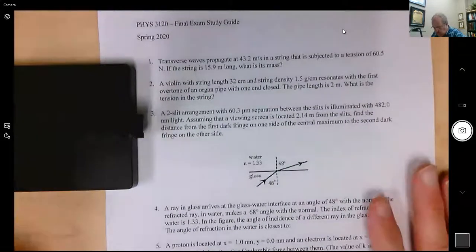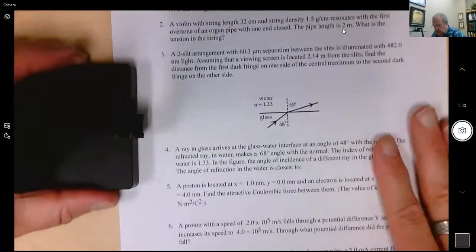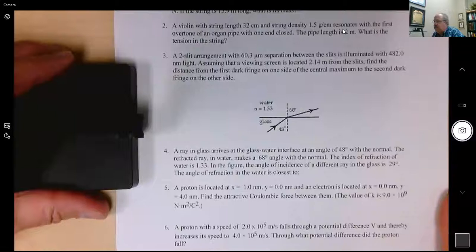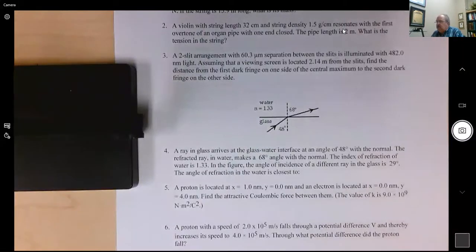Okay, so for the next problem then, we have a ray of glass that makes, at a glass water interface, an angle of 48 degrees from the normal. Okay, when the ray of light interacts with the glass and the water interface, then the angle changes to 68 degrees.